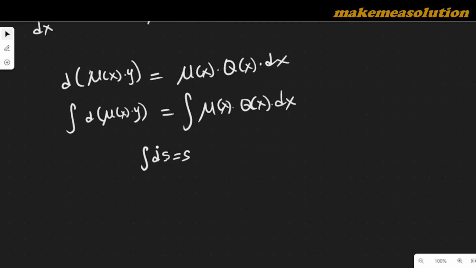So we are integrating d of something, and in this case that something is mu of x times y. So this is the resolution of the left hand side, which resolves to mu of x times y. Then the right hand side, which we don't yet know, we can just leave it like this.